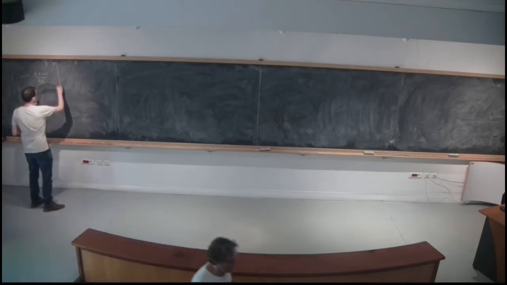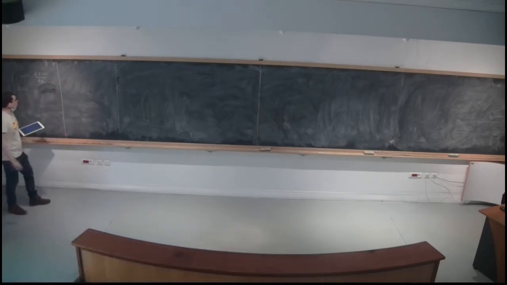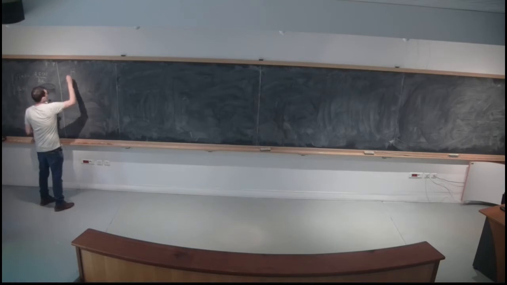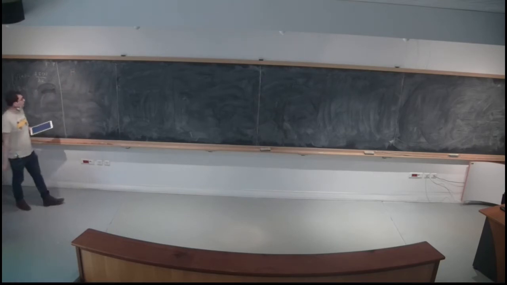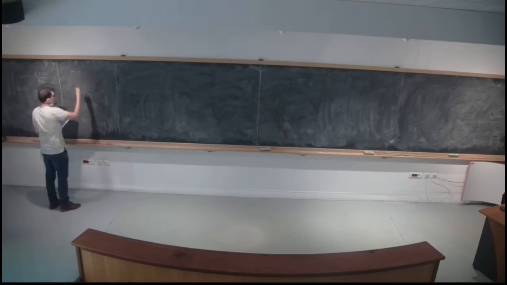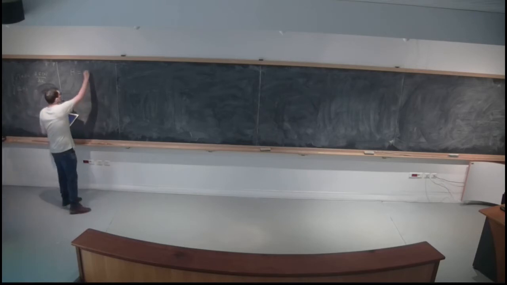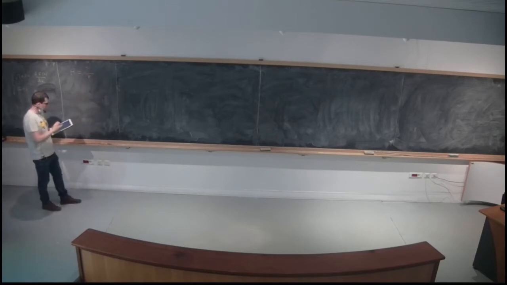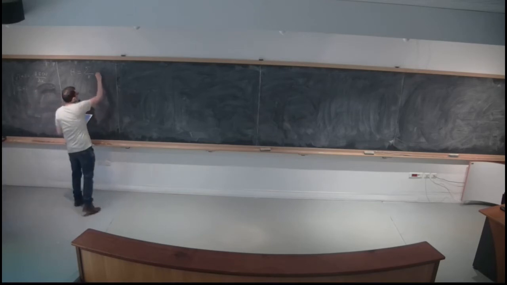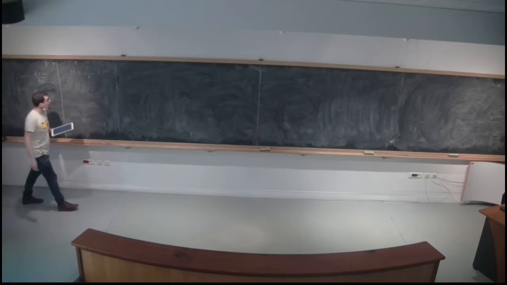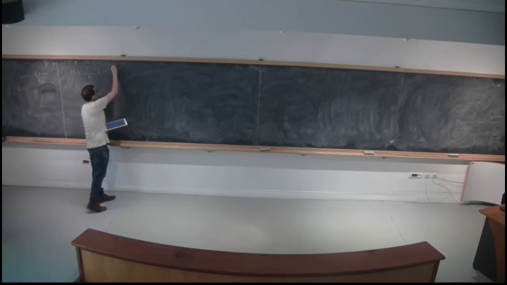So let me consider free fermion models. Free fermion models are models that, in one way or another, you can write down in this form. You have a Hamiltonian, a sum over k, where k is quasi-momentum. Then you have some single-particle energy, and then some fermionic operators.